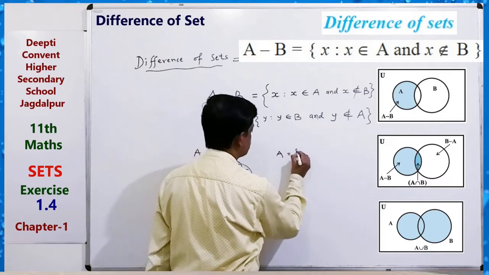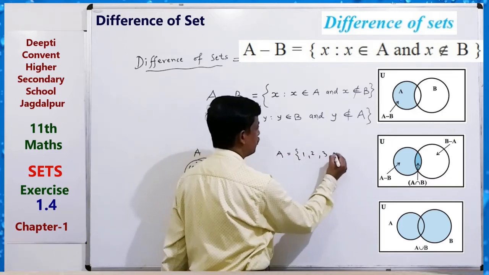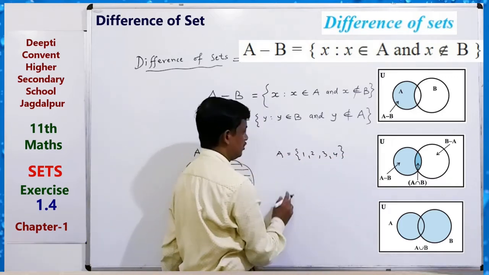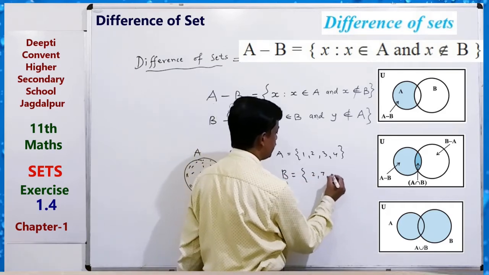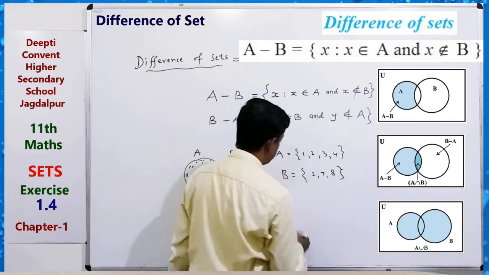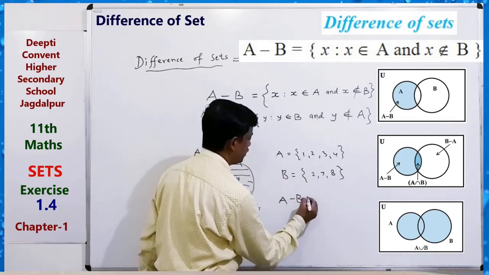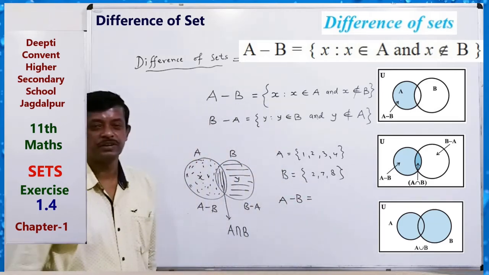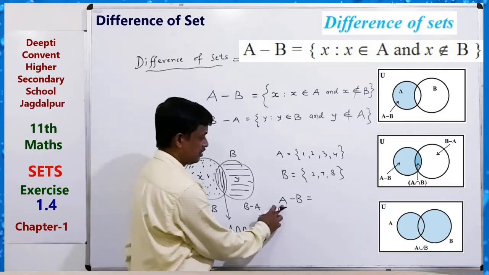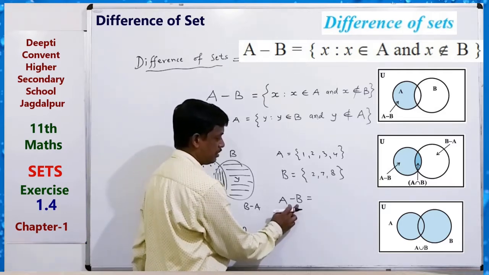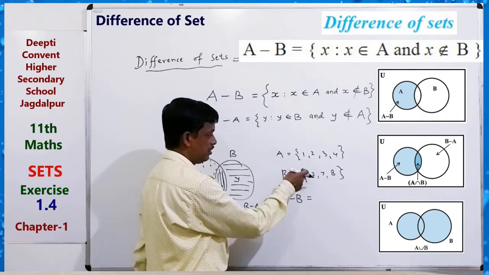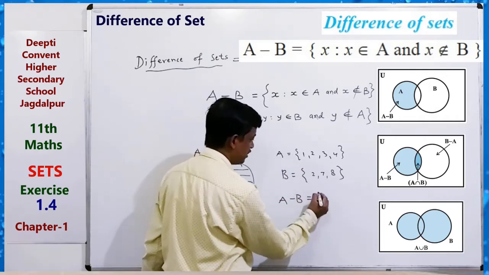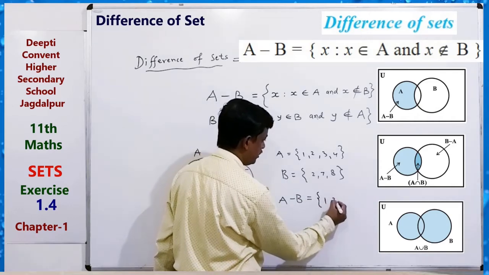Suppose A equals 1, 2, 3, 4 and B equals 2, 7, 8. Then A minus B equals what? The elements of A not contained in B, that is 1, 3, 4.